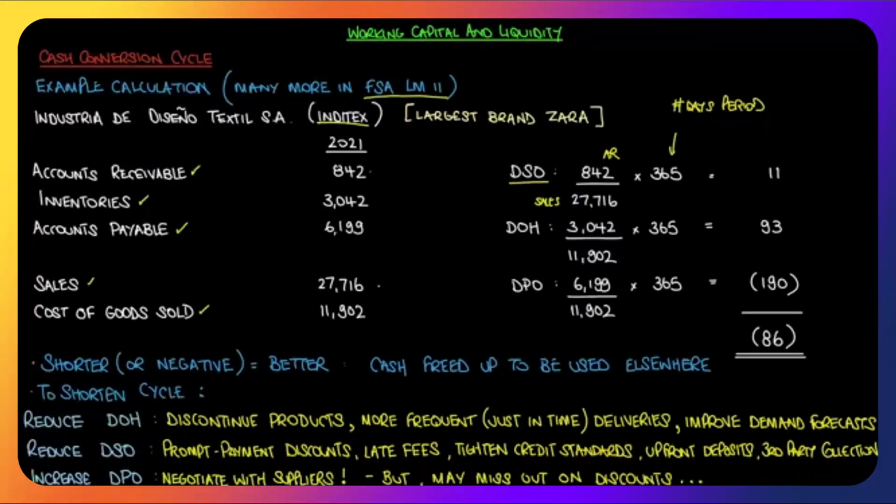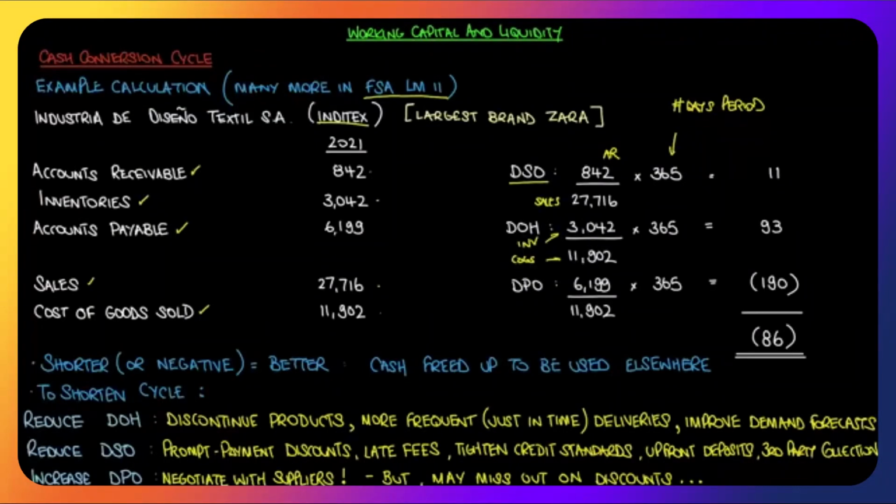Days of inventory on hand. We are going to take, once again, the balance sheet figure, this time for inventory, obviously inventories, on the top. We're going to divide that by the income statement figure that's relevant for inventories, cost of goods sold, on the bottom, and multiply it by 365, we'll get 93. Between getting the raw materials in and selling the finished goods, 93 days.